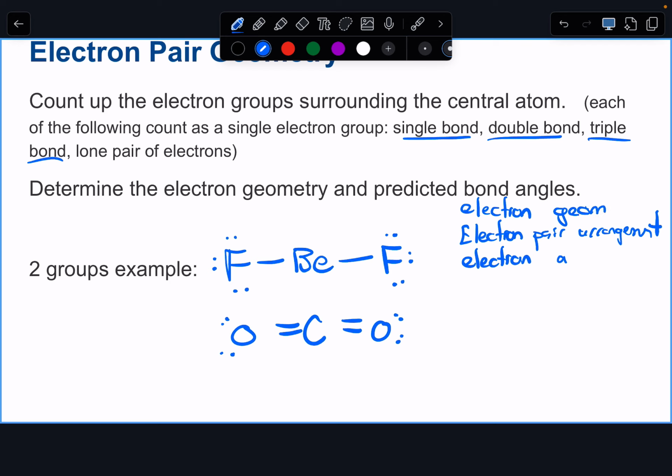Those all mean the same thing. If it's talking about the electrons, it's talking about the same thing. And what we mean by that is how the electron groups, whether they're bonds or lone pairs, how they orient themselves.